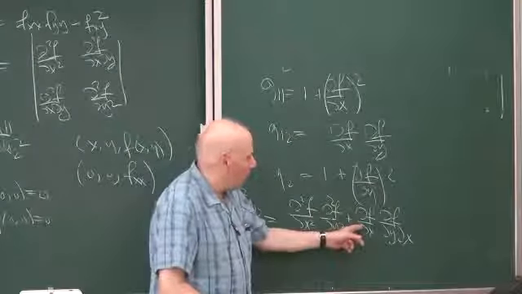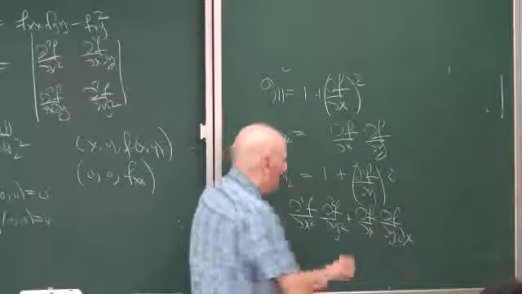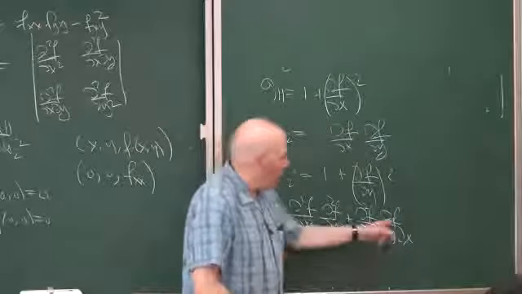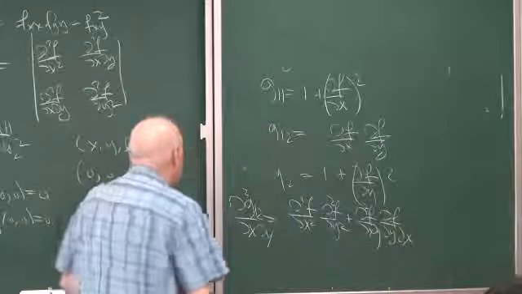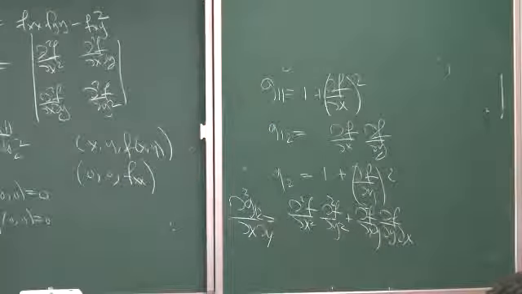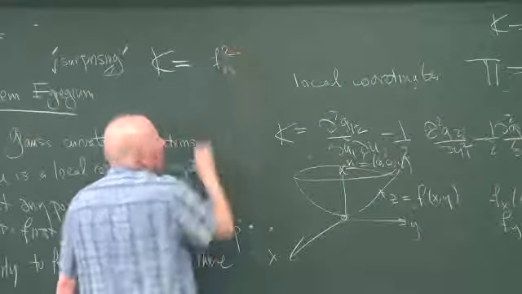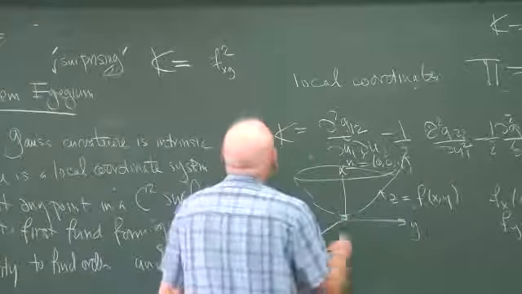I differentiate this guy with respect to y, I get something, in fact this guy repeated, plus this guy with respect to y, but then multiplied times 0. So when I differentiated g1 with respect to y, I got f sub x y squared, plus f sub x times f sub y.